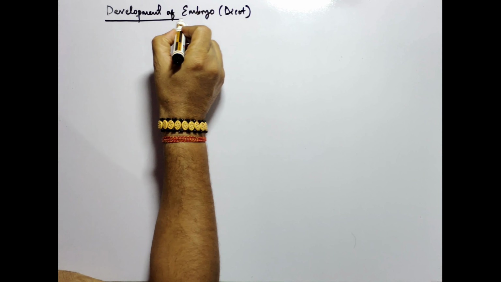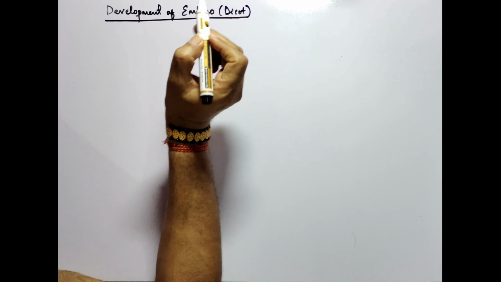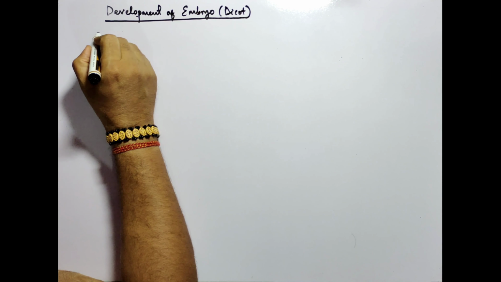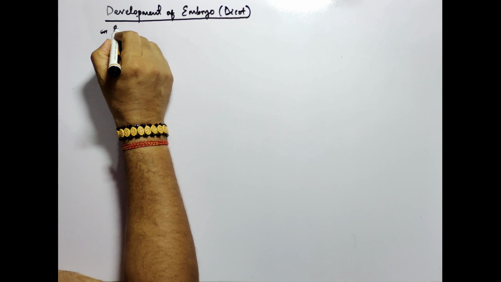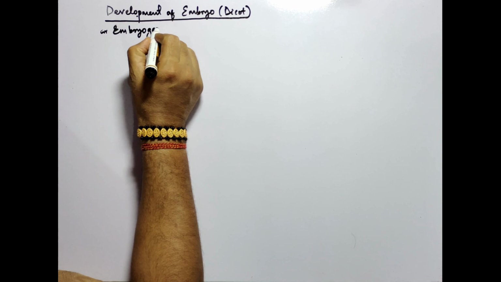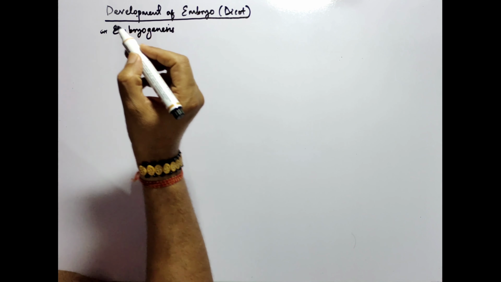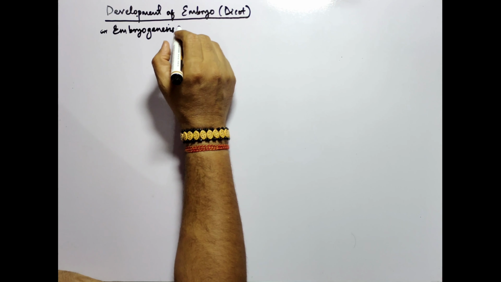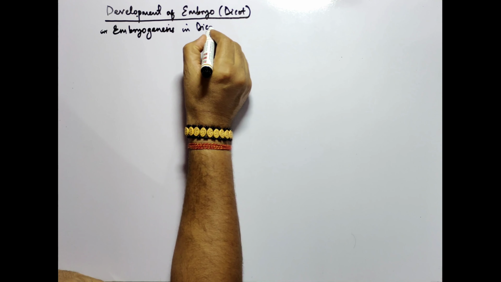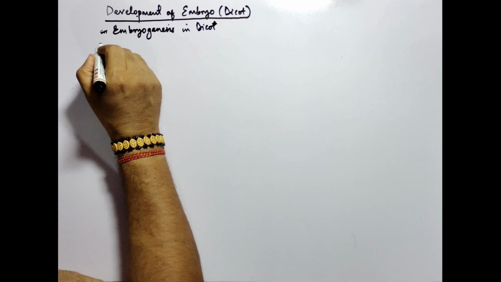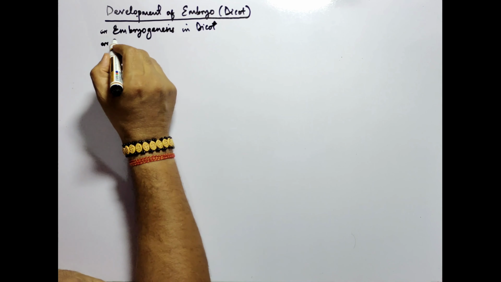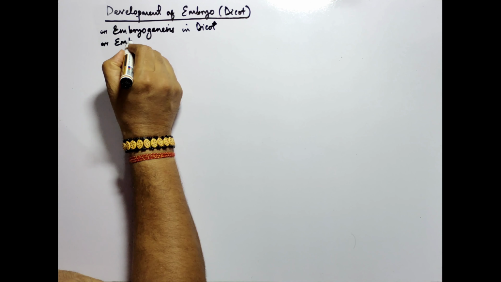The development of dicot embryo is also called embryogenesis. Embryogenesis in dicot. The branch of science that deals with the study of development of embryo is called embryology.